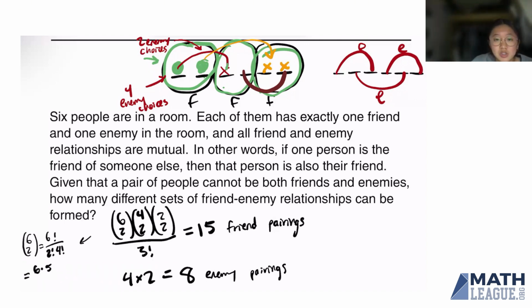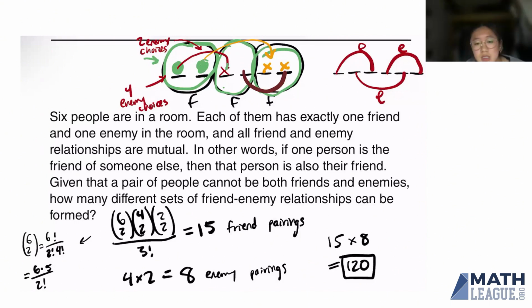I only take the first two numbers from 6 factorial and I divide by 2. Exactly the same. And so that ends up giving me 15 friend pairings, 8 enemy pairings, and as I stated earlier, we're just going to multiply those together because for each of the 15 friend pairings, there's 8 enemy pairings. That ends up giving me 120. Hope that's right. Yeah, 15 times 8 is 120.